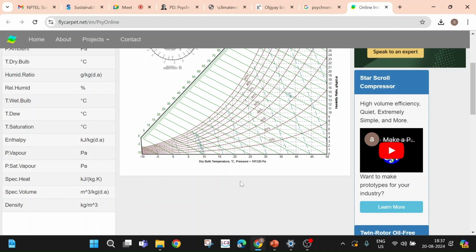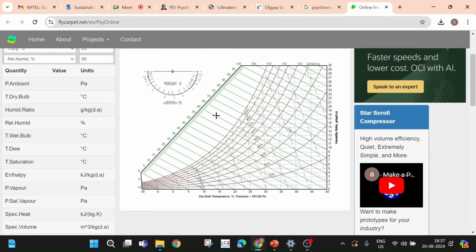Specific volume is also there. Is the screen visible? Yes, sir. So all these parameters you can measure or calculate through some correlations with the help of these psychometric charts, whichever is written on the left hand side.